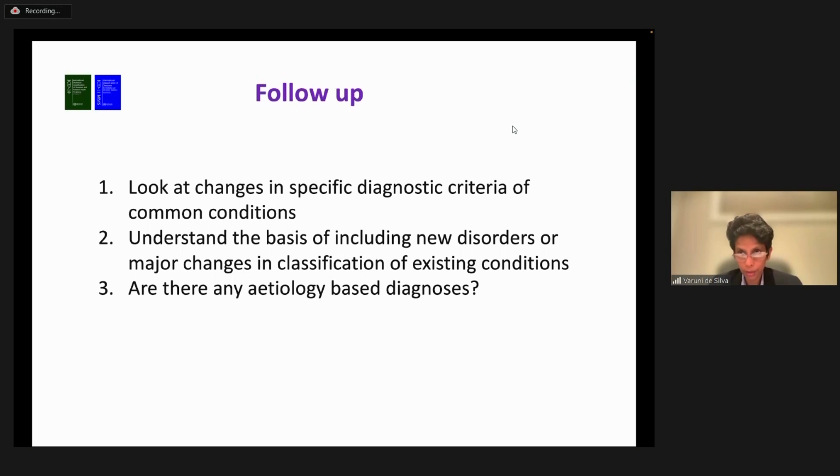There is a lot that you can see, subtle changes, bipolar 1, bipolar 2, even in schizophrenia. Look at these conditions and be familiar with the reasons for the changes and understand the basis for making these new disorders, because somebody didn't just sit down and write these conditions.